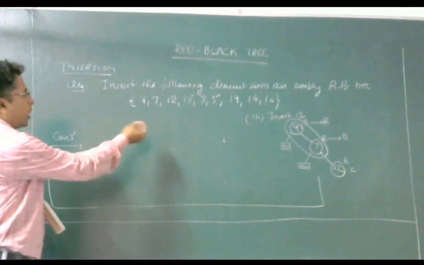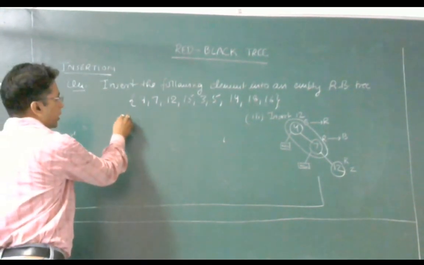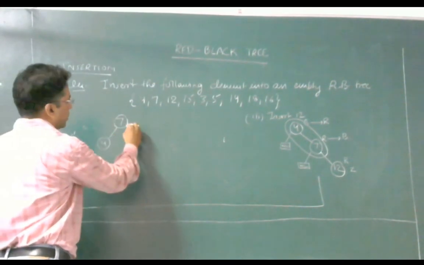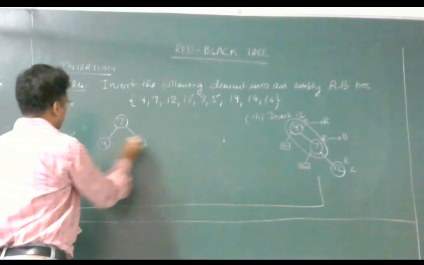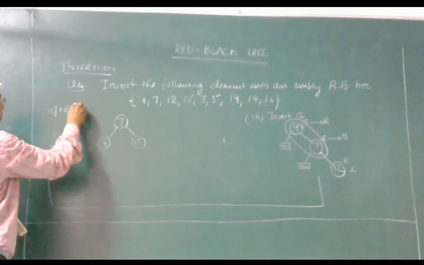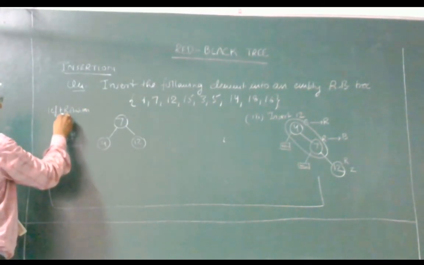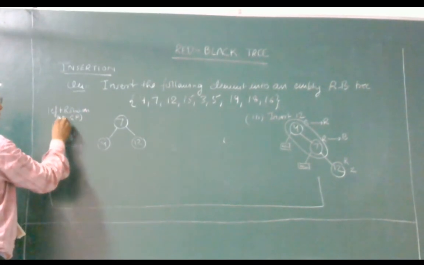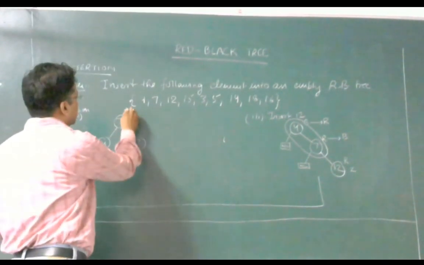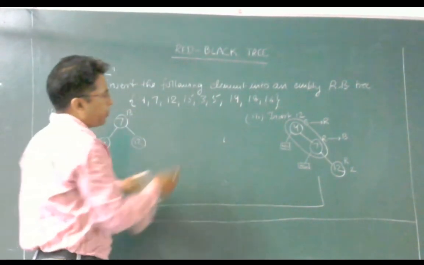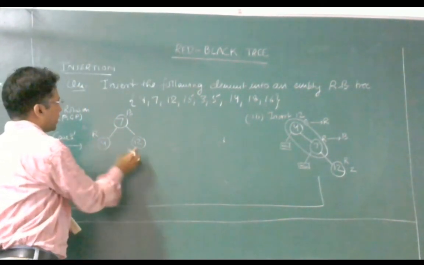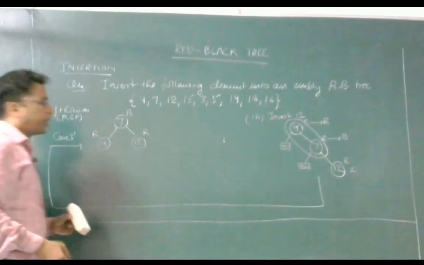So after this it will appear like this: 7, 4 and 12. Case 3 operations: left rotation between parent and grandparent. After this, the color of 7 is black, and the grandparent color was changed from black to red. This is of red color and this is of red color, right?